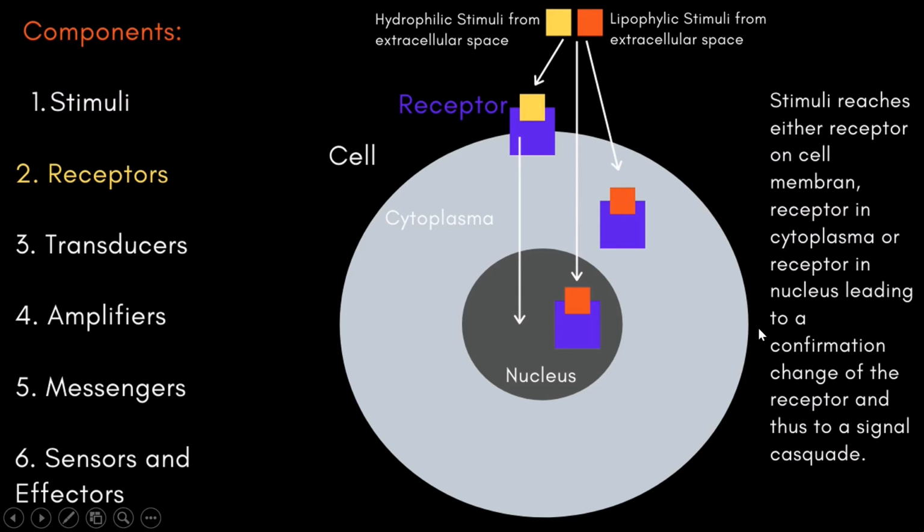We have different receptors on the surface of our cell and inside the cell itself. The reason behind this is that there are hydrophilic stimuli, which cannot pass our cell membrane, and therefore we need receptors on top of our cell, and we have lipophilic stimuli, which can pass the membrane, and that's why we also have receptors inside of our cell or inside our nucleus.